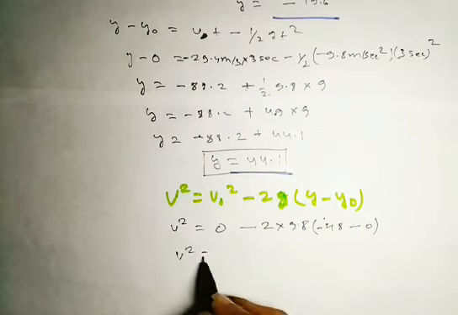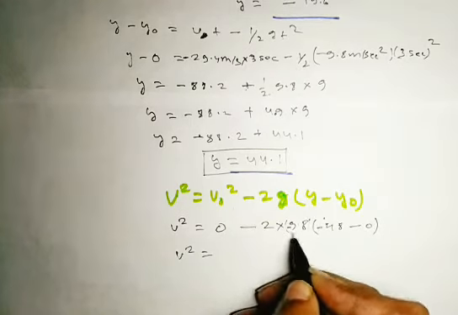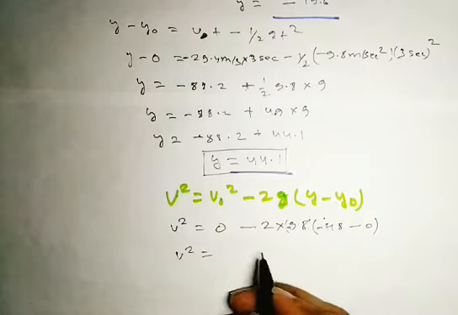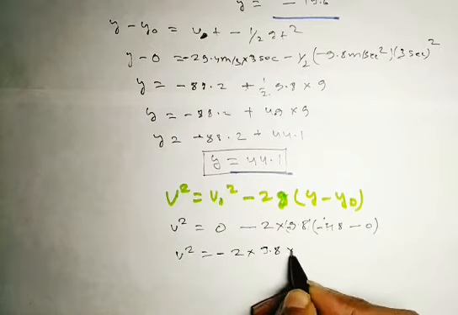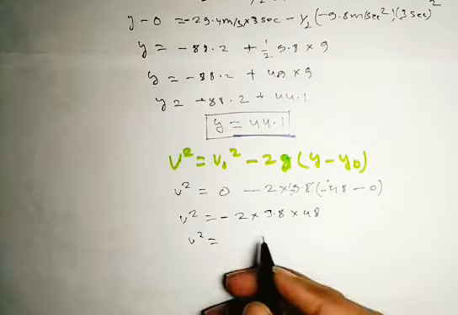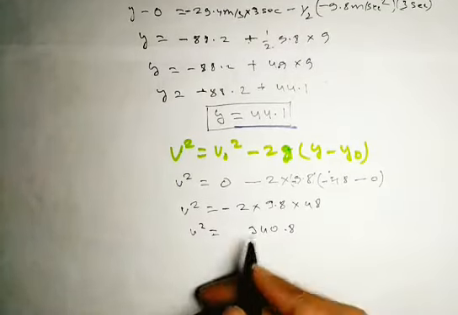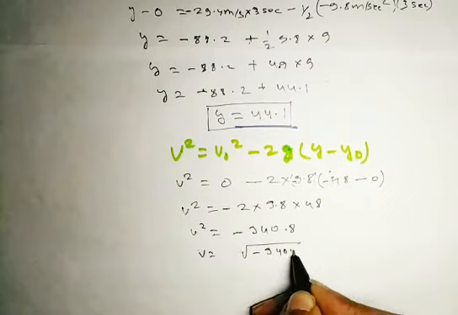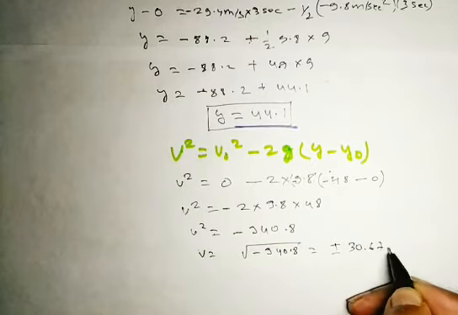What will we get? v square equal to 2 into negative 9.8 into 48, and v square becomes, when we multiply, 940.8 in the negative direction. So v equal to the square root of 940.8, which gives plus or minus 30.67 meter per second.